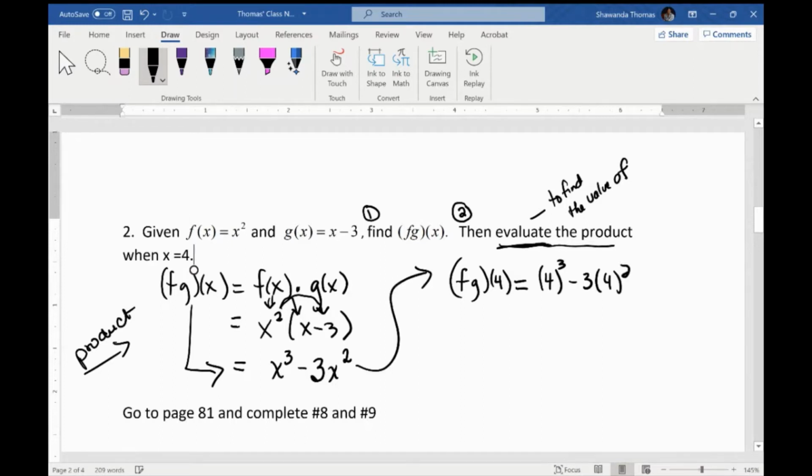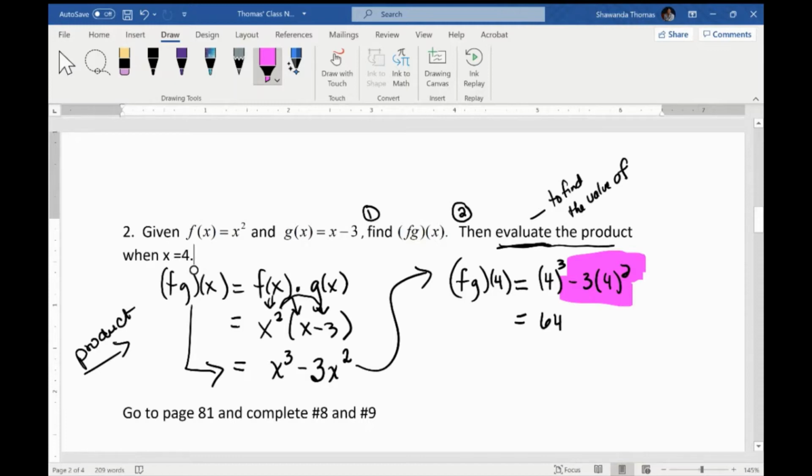Sub in this 4 in the place of x. So since I already know what f times g of x is, all I'm doing is replacing the x's with a 4. 4 cubed equals 64. All right, 64. Now this part right here, what are we supposed to do first? Work in parentheses. Very good.